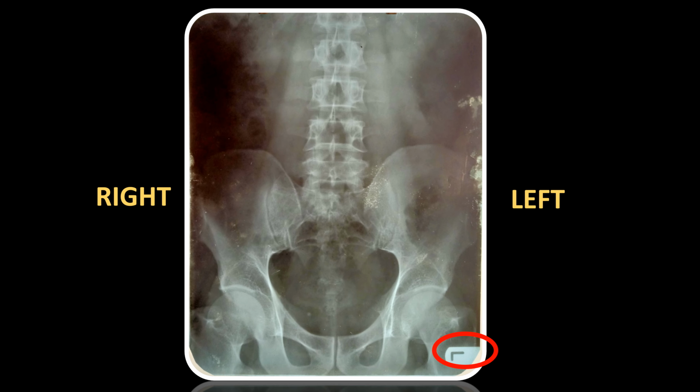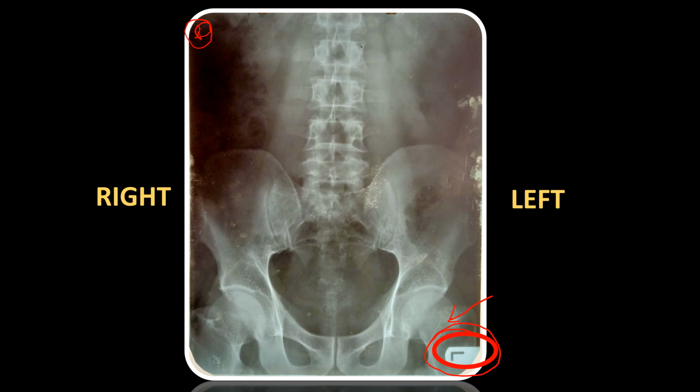Generally, the side is mentioned on the X-ray with letters like L. L indicates the left side of the X-ray. Somewhere R is written, which may mention the right side of the X-ray. If the side is not mentioned, the student should be able to identify the side of the X-ray based on the orientation of organs in the abdominal cavity, like the ascending colon, splenic flexure, hepatic flexure, and cecum.